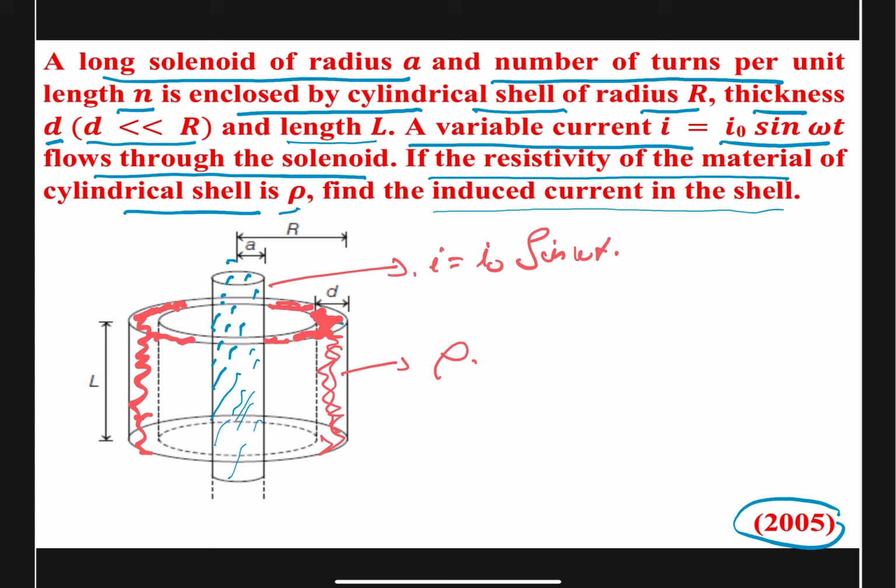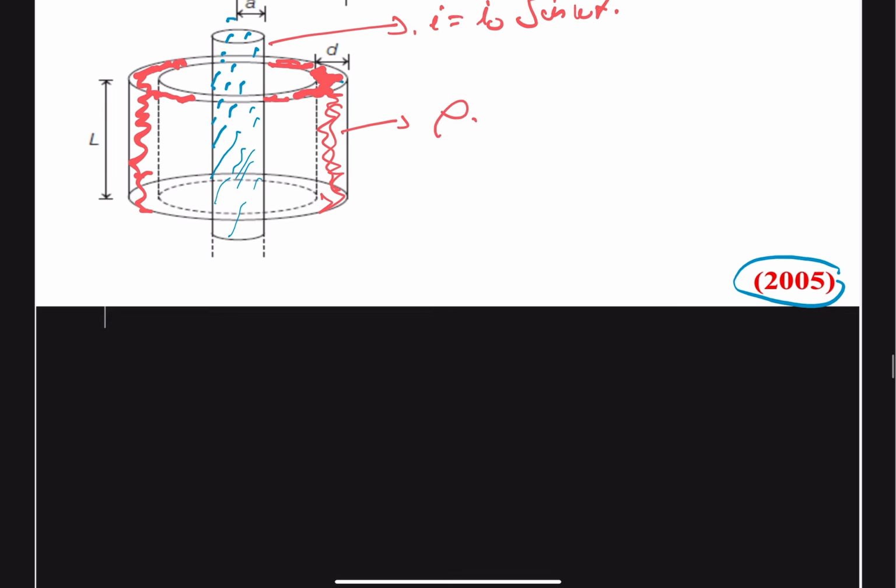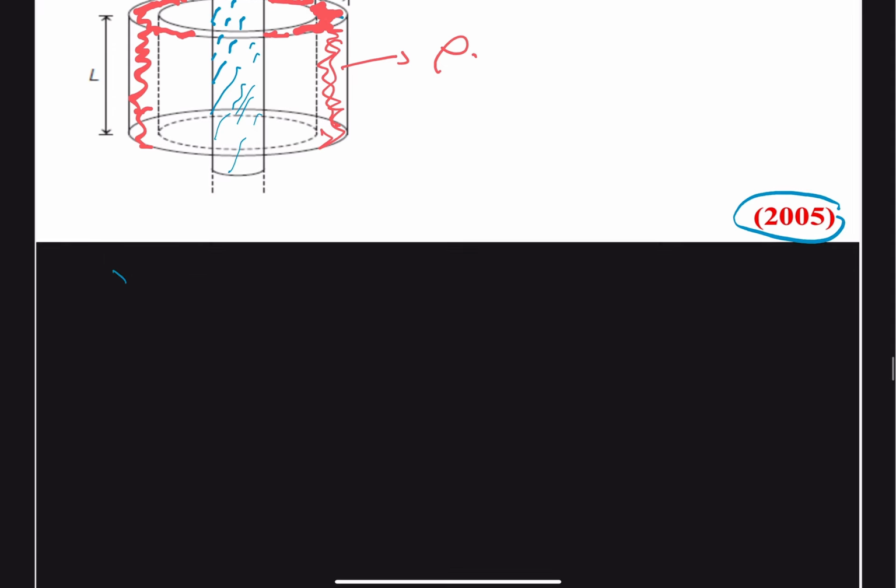So first of all, we are going to start with the magnetic field inside the solenoid, which is a standard formula.